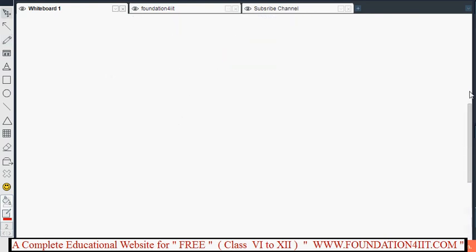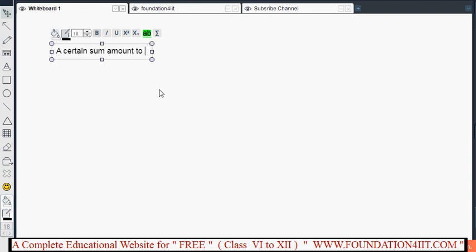So let us solve one more question. This is for when the sum is not given, how to solve the problems. A certain sum amounts to rupees 5,916 in 3 years.